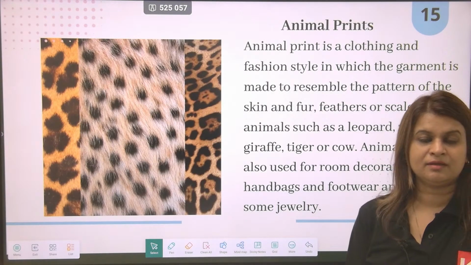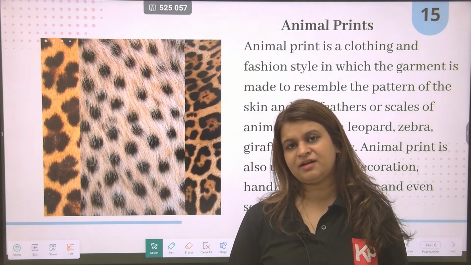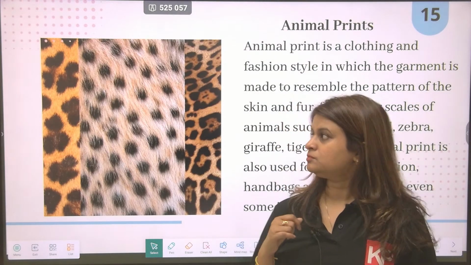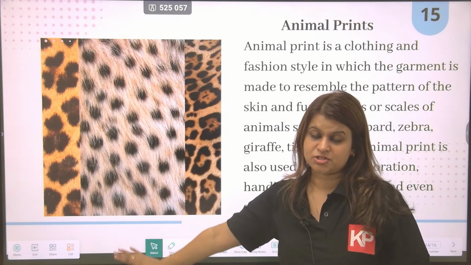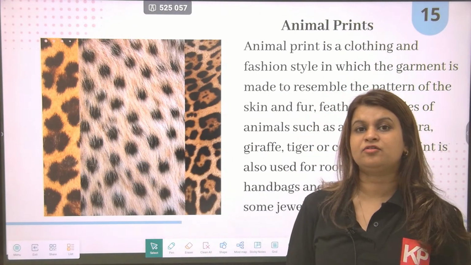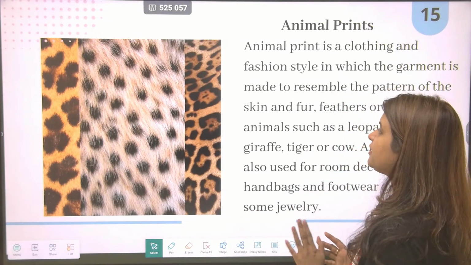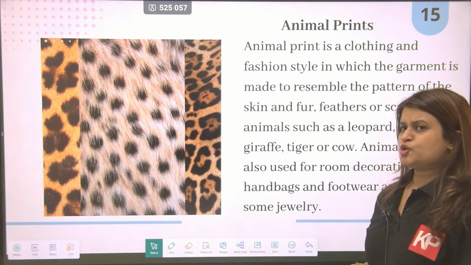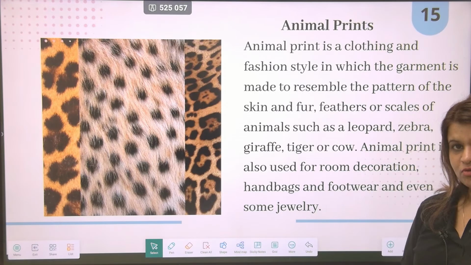Next is animal prints. We keep telling our NIFT, NID and NATA students to work on the texture, to understand the texture of the animal skin and the kind of patterns and prints they have on their skin, and try to simulate them using pencil colors. The name itself tells you what it is all about.